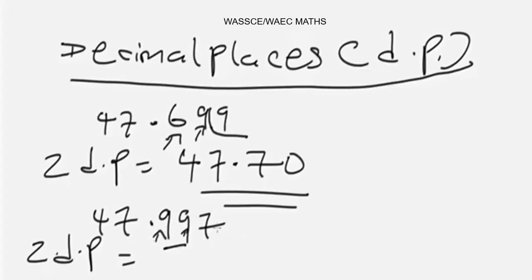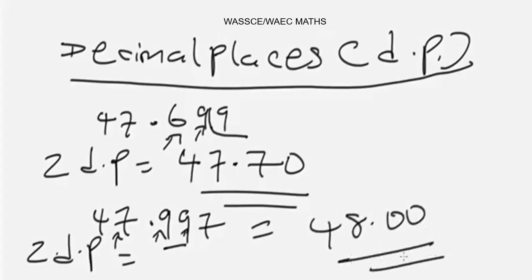There's no way you can just put 10 here. So this 9 that has turned to 10 as well, you take it as 1 and put it in this 7, and this 7 is now 8. So our final answer will be 48.00. That would be the answer to this question. It's as simple as that, guys.